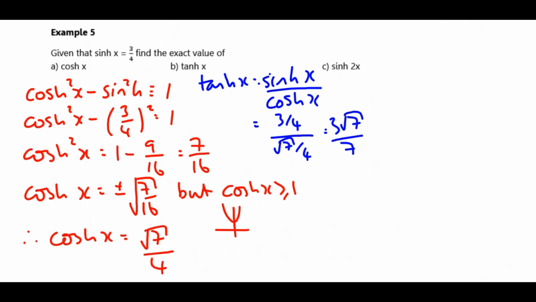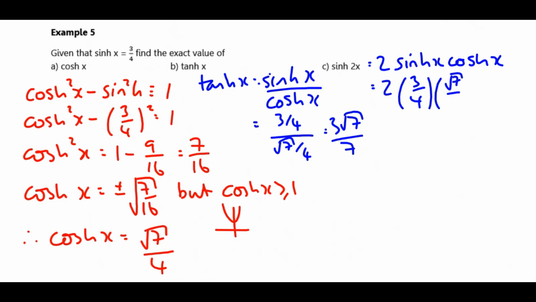Finding the double angle identity for sinh 2x, that's 2 sinh x cosh x, exactly the same as for trig, and it's on your formula sheet. Pop in your values for sinh x, which is 3 over 4, and your value for cosh x, which is root 7 over 4. And that will give us 3 root 7 over 8, the 2 and the 16 cancel.